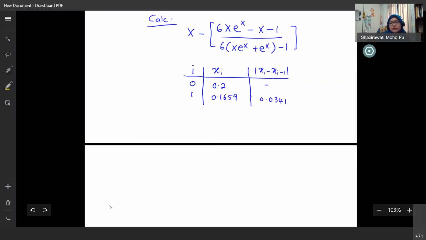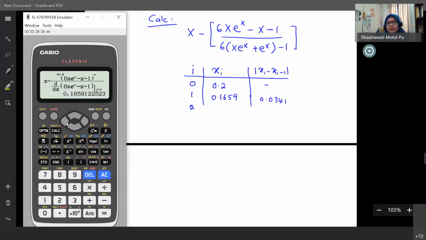So you know that you cannot stop yet, so you need to have i equals 2. In your calculator you are still using the same formula, but this time when you press the calculate button, you are using the value of x from your previous iteration. So your current x that you need to use is 0.1659.